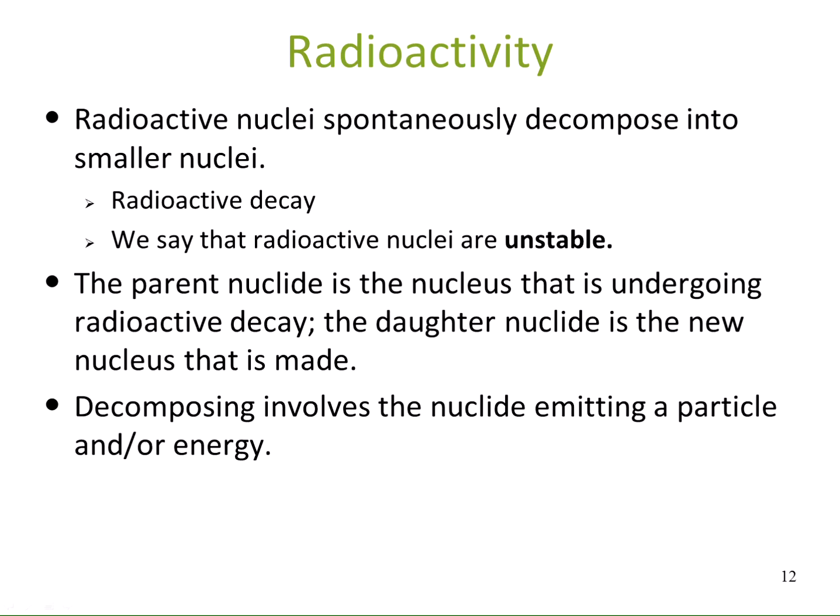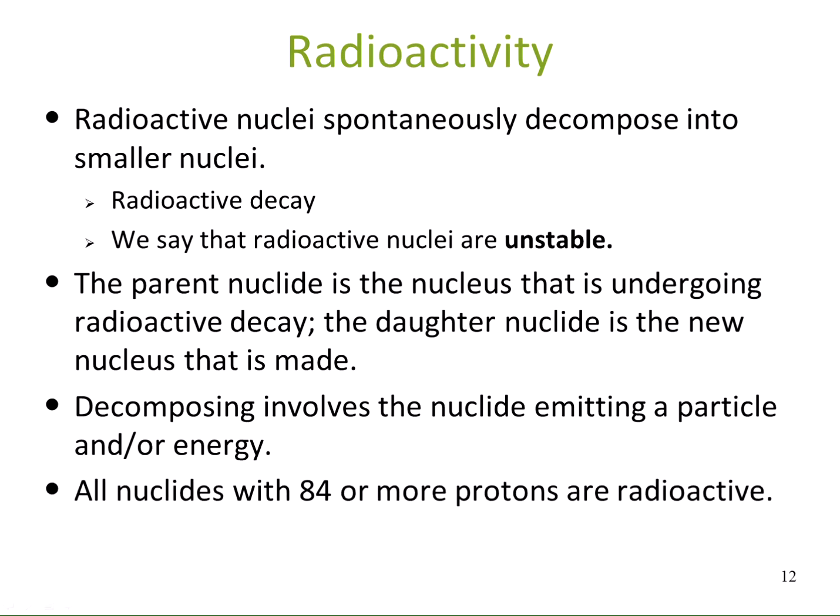Decomposing involves the nuclide emitting a particle and/or energy. Whatever it's emitting, it could be either a particle or energy or both. All nuclides with 84 or more protons are radioactive. So anything such as polonium or higher is going to be radioactive.